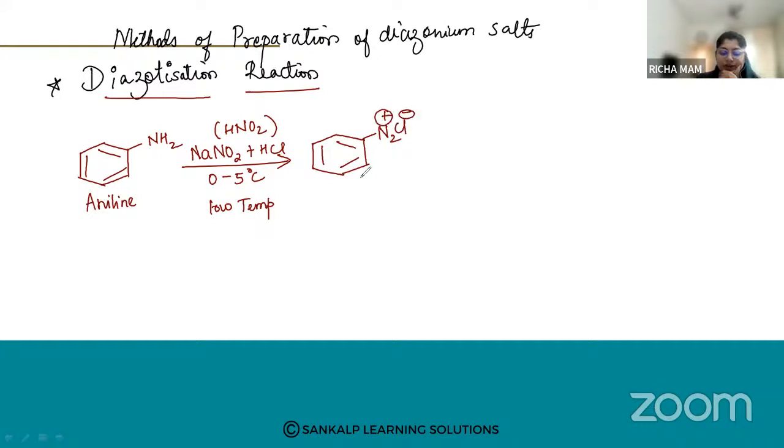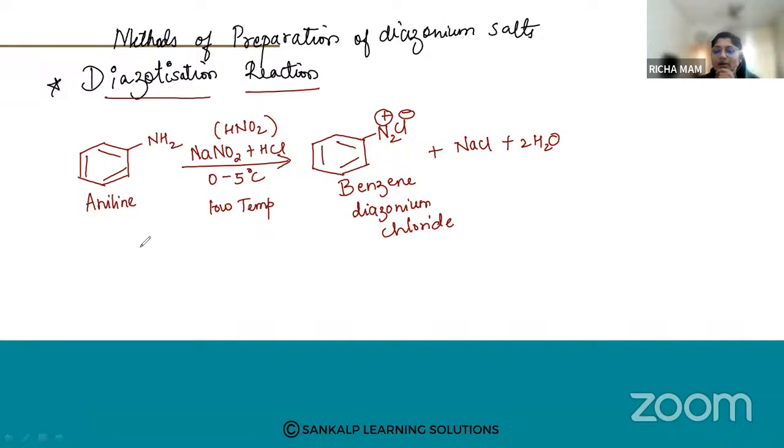We are going to get benzene diazonium chloride, plus NaCl plus 2H2O. So this is the diazotization reaction.